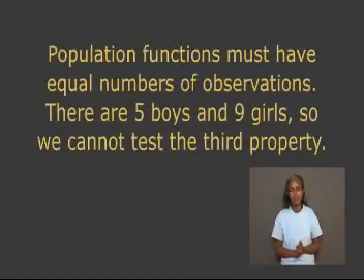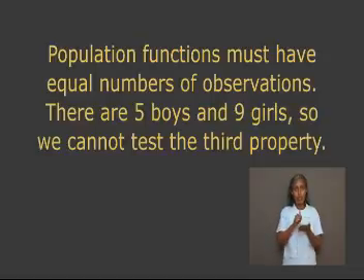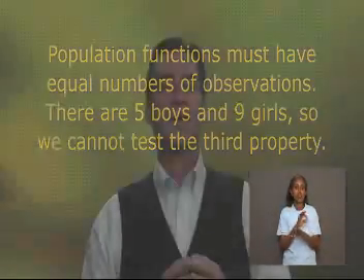The third property of the mean states that the mean of the sum or difference of two population functions is equal to the sum or difference of the means of the two population functions.